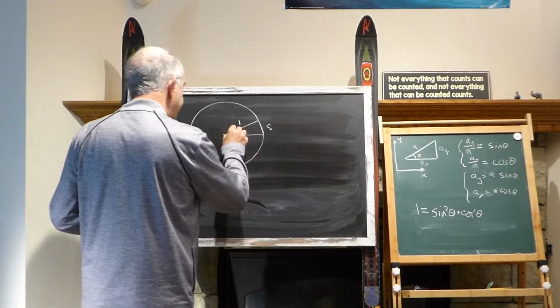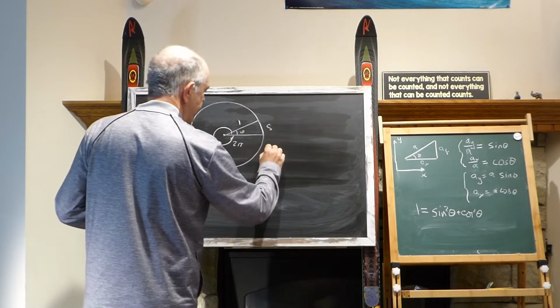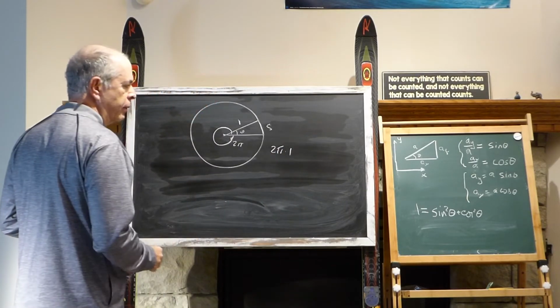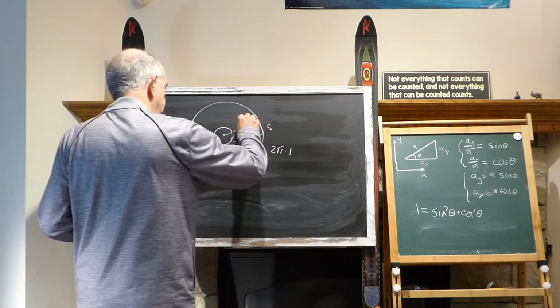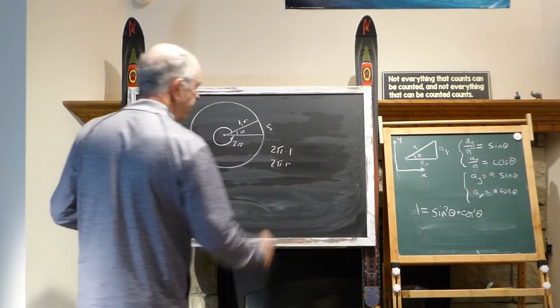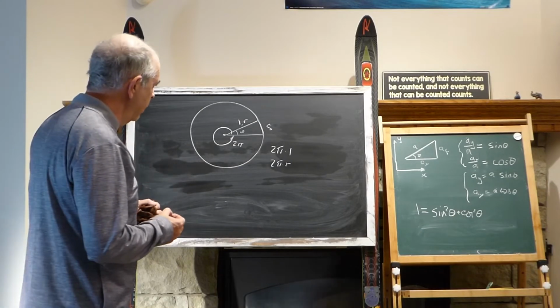Because if the full angle is 2 pi, this distance would be 2 pi multiplied by 1. If I put here r, this would be 2 pi multiplied by r. We know this, and ancient people knew that.